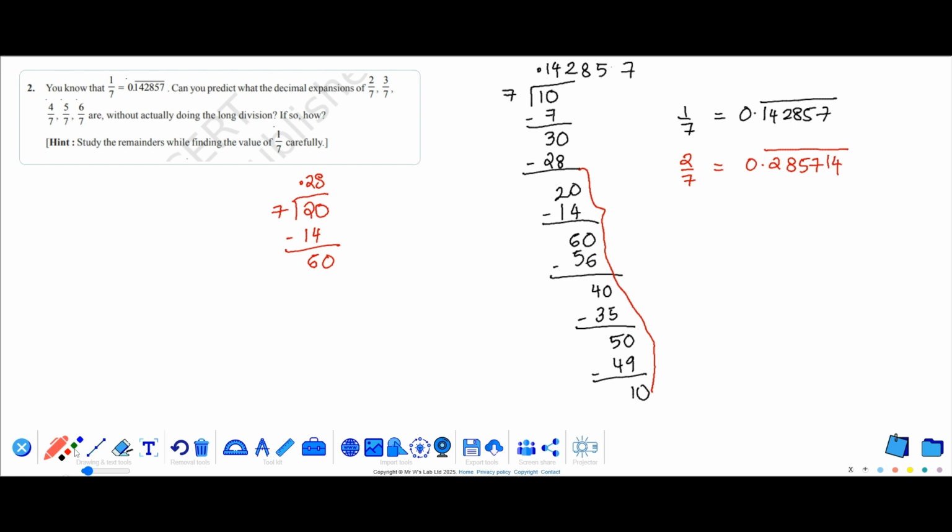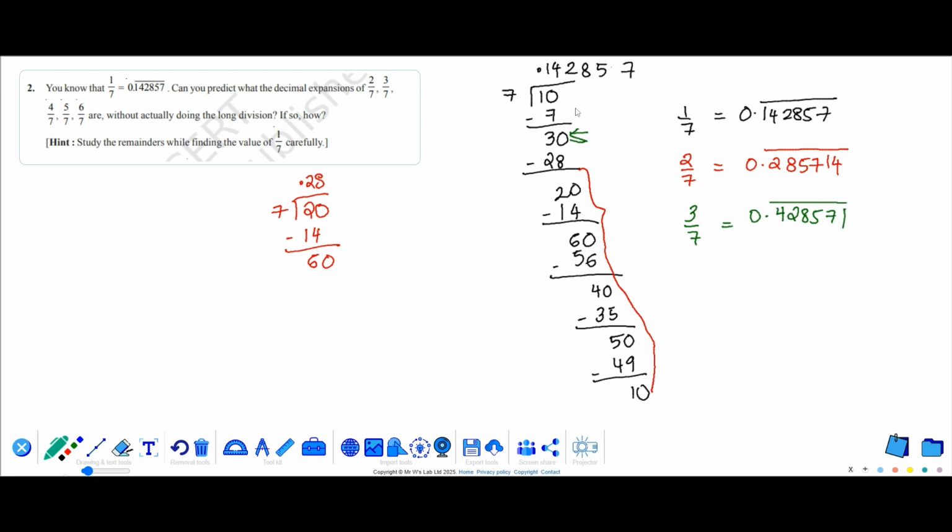Similarly, let's see for 3 by 7. If we divide, this is the case actually. We are looking at this case. So 7 into 4 is 28. So we know that the first digit will start from 4 onwards. 0.42857.